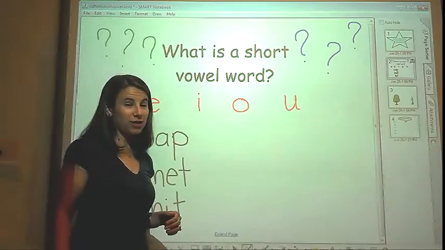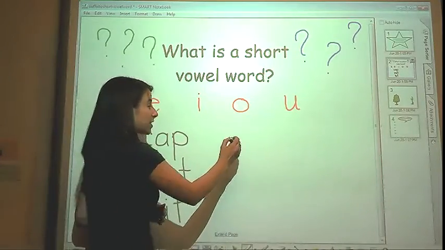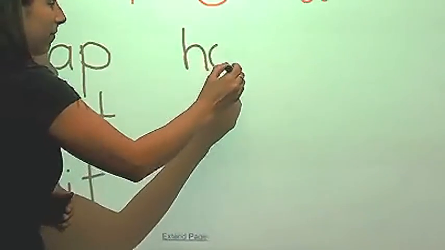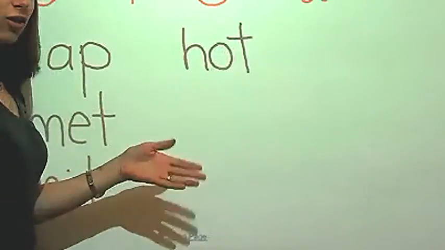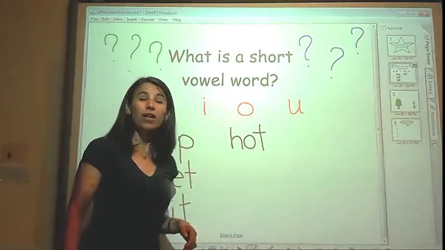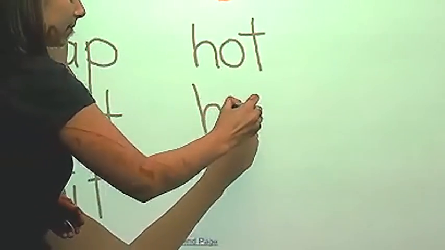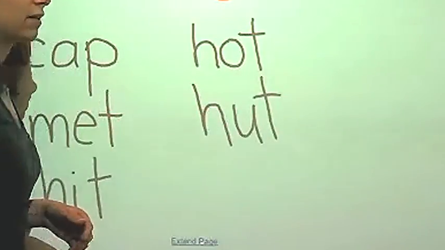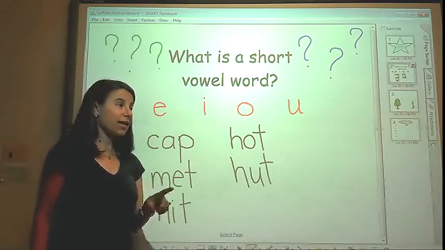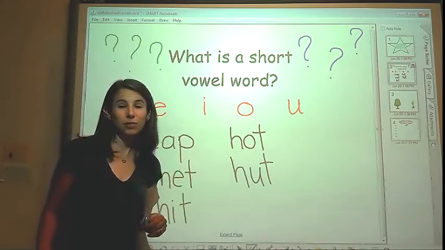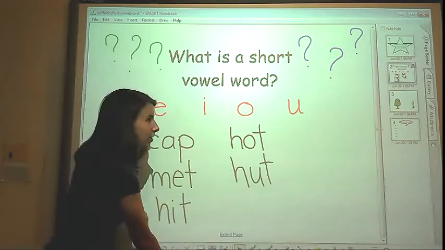The O, its short sound is ah, like in hot. And our last vowel is the U, and its short sound is like in hut. Now, all short sounds sound like I just explained to you, okay?